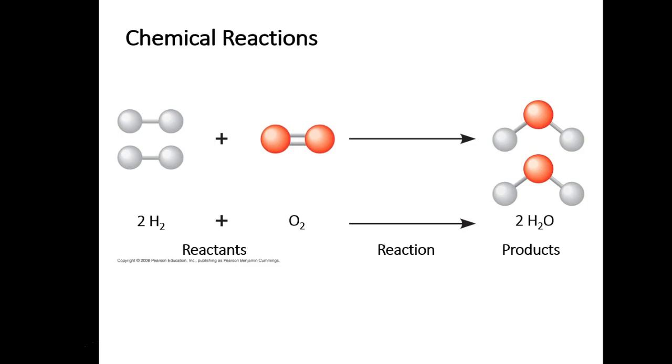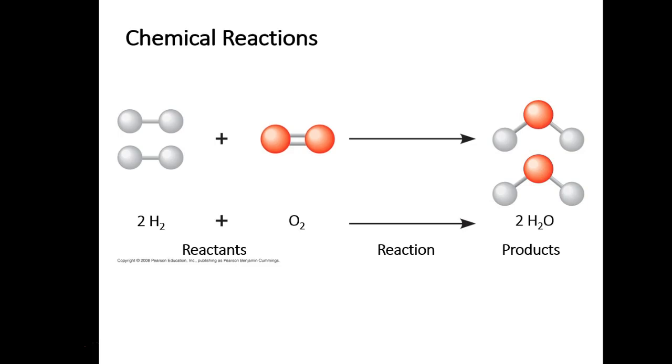Those are the things that are going to be acted on, that you are going to put energy into in some way and cause a bond, whether that bond be covalent or ionic or hydrogen bonds. In this case, it's going to be a covalent bond. We are actually going to create water. So you have 2 hydrogens, they're bonded together, 2 oxygens, and what we have to do is put some energy in there.